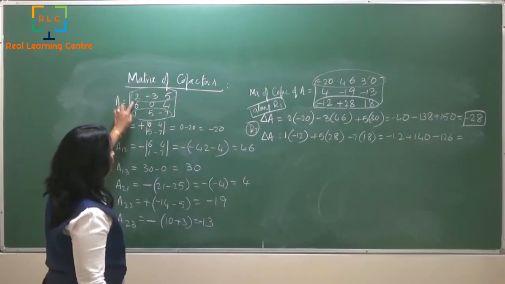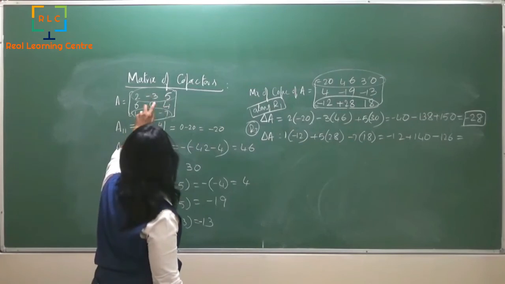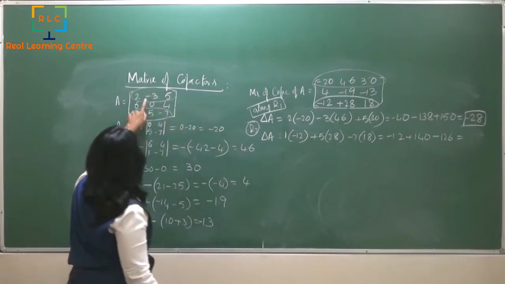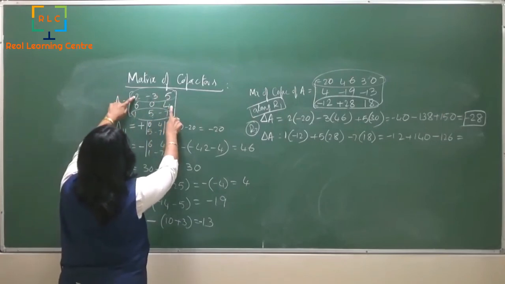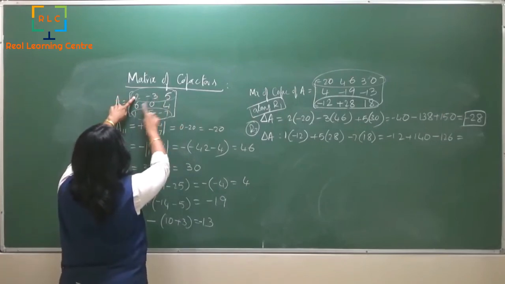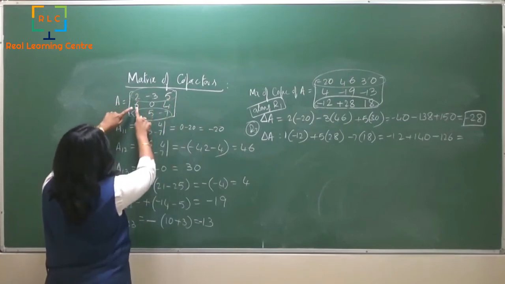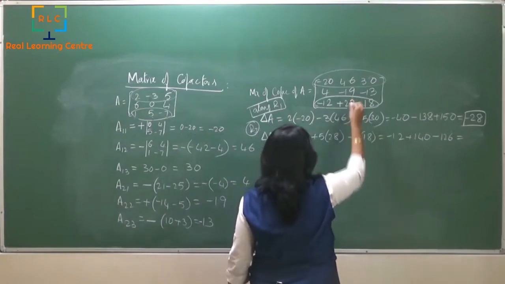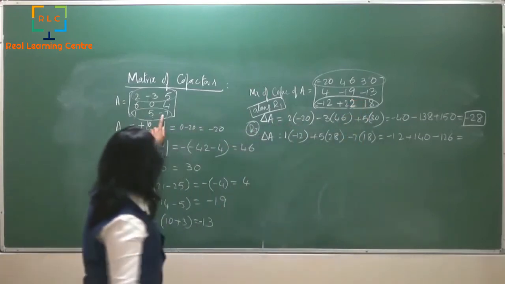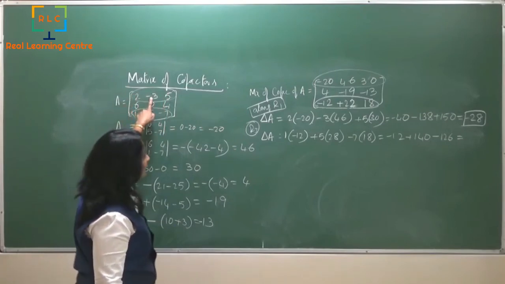You have cofactor of 1 is minus 12, yeah, minus 12, and cofactor of 5 is 4 2s are 8, here I have gone wrong, 4 2s are 8 minus 30, 8 minus 30 is minus 22, and then cofactor of minus 7 is 0 plus 18 is 18.